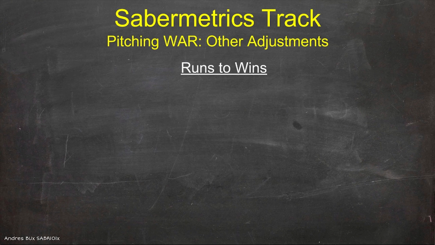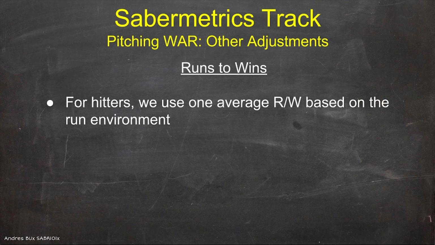Finally, we talked about the context of runs to wins. Pitchers' skill determines their runs to win conversion. A replacement level pitcher's runs to wins is going to be much different than the runs to wins for the most skilled pitcher in the game.